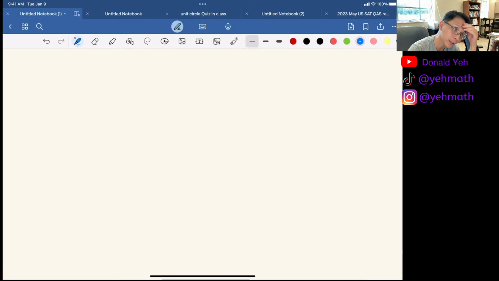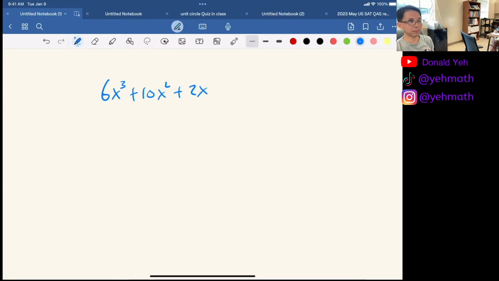Okay, let's do this one. 6x to the third plus 10x squared plus 2x. Make sure you factor out GCF first, write down the GCF outside, and then you can factor more.